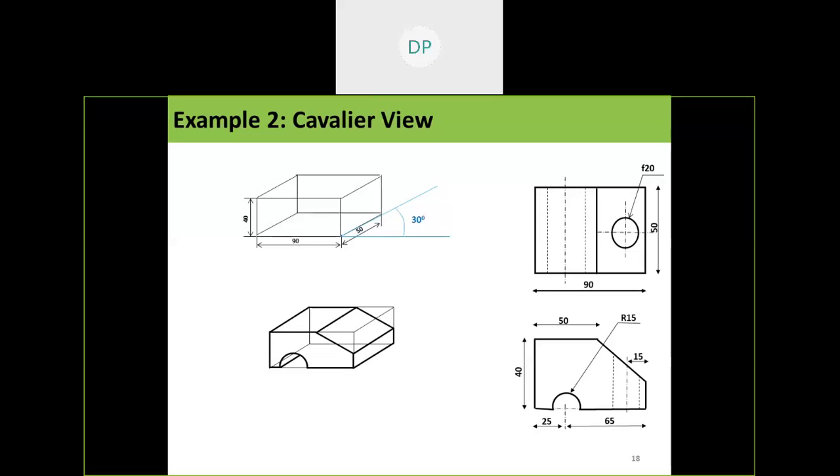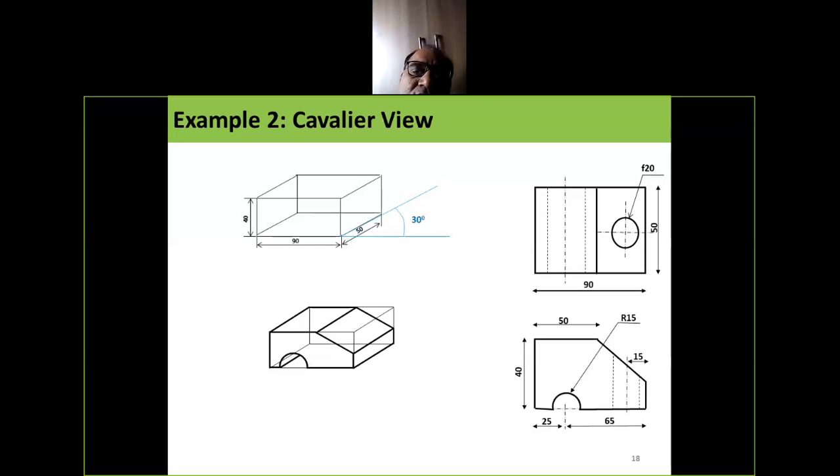So the front view is the true shape, and the next, the top view, is made by the angle on which we have generated the hole. This is the case of cavalier.